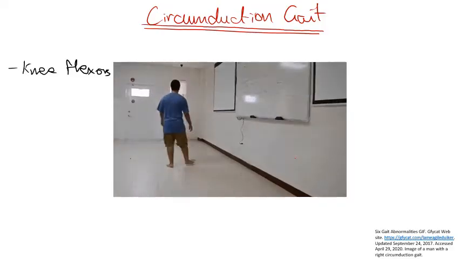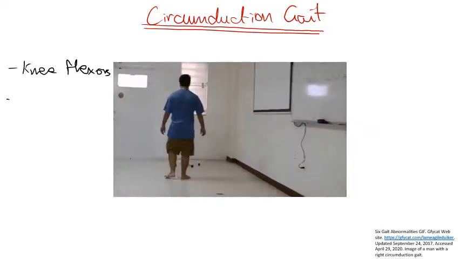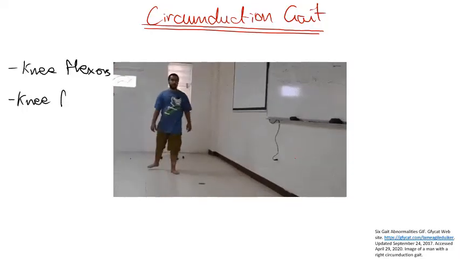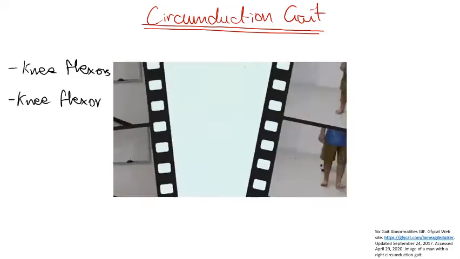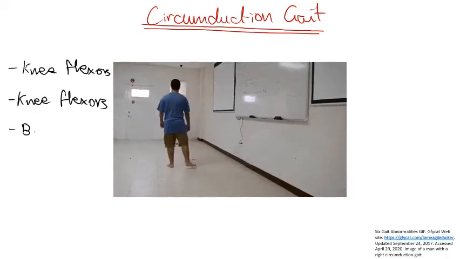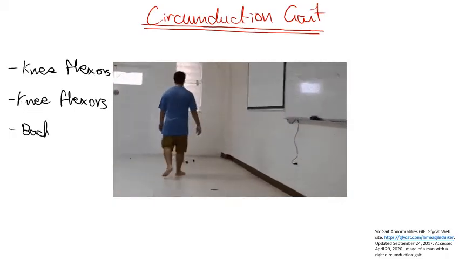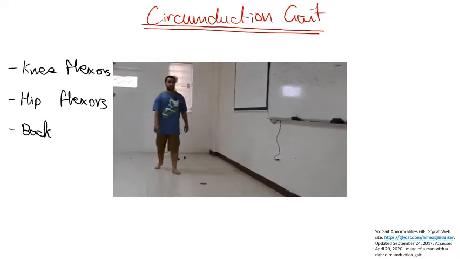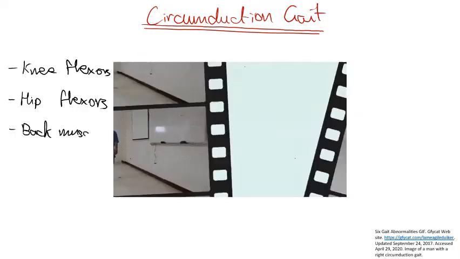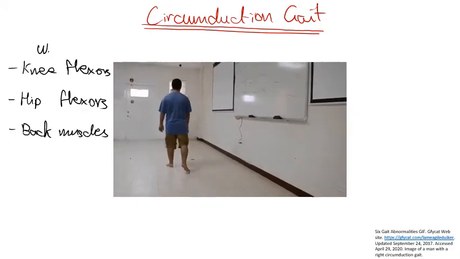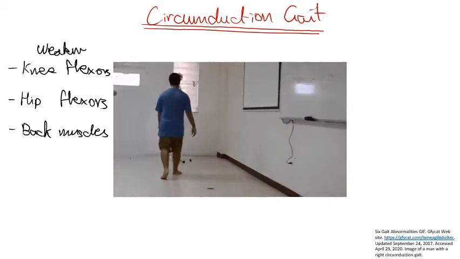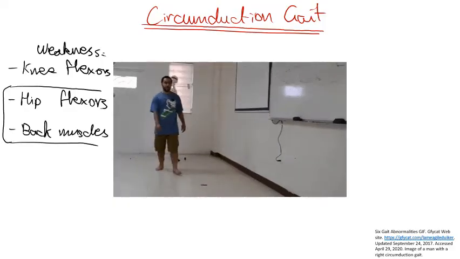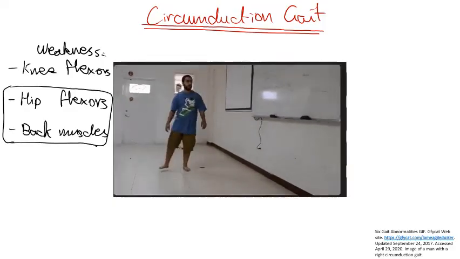And this lifting has been done by the hip flexors as well as some back muscles. So there is weakness in the knee flexors, and compensation is occurring due to the hip flexors and back muscles.